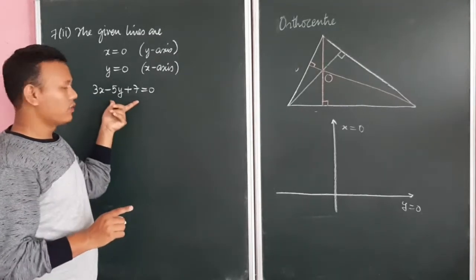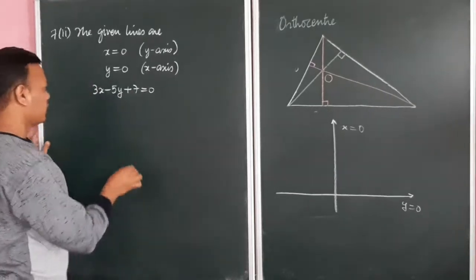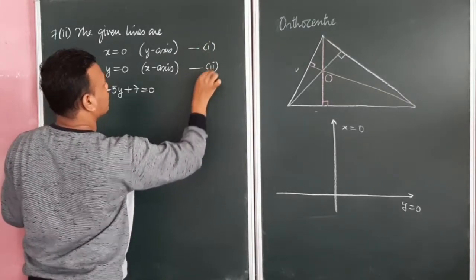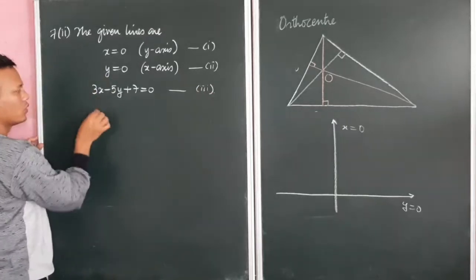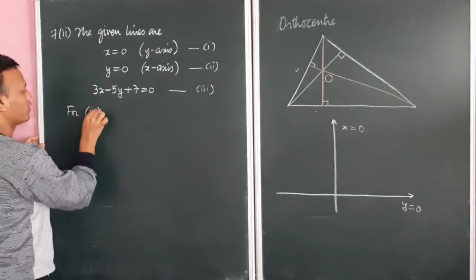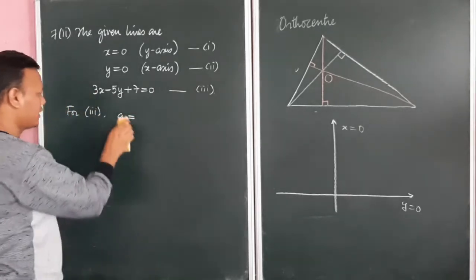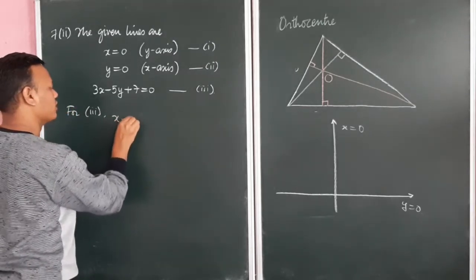We are going to write this in intercept form, which we have learnt. So let me call this 1, let me call this 2, let me call this 3. So for equation 3, let us find the x intercept.